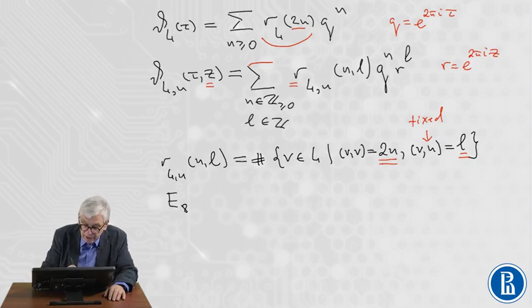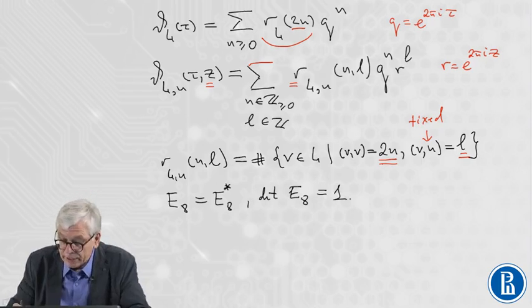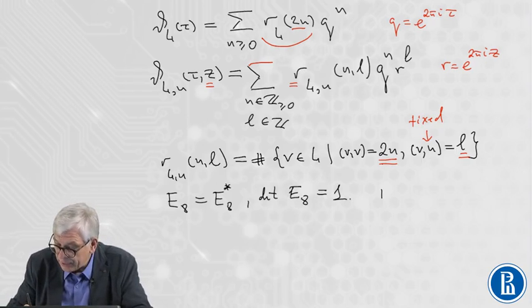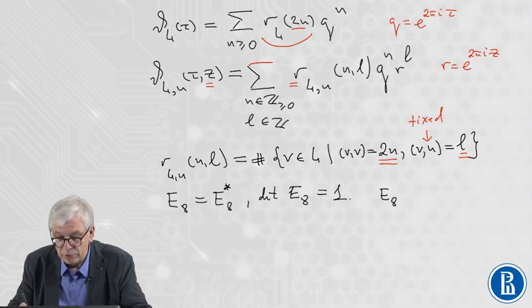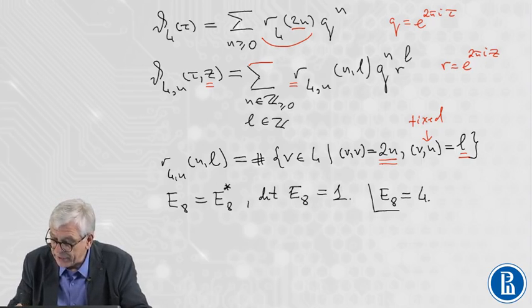This is an even integral lattice of determinant 1. Let's assume that E8 is equal to L. So we consider this case.